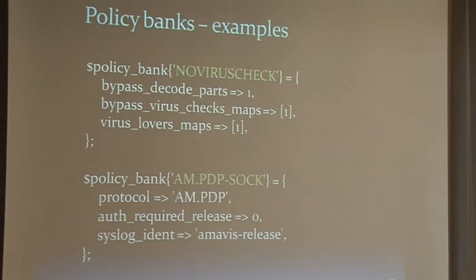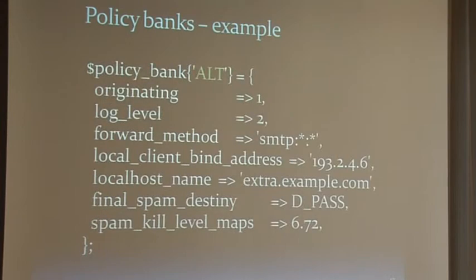Okay, here just an example to give you an impression. Here is the policy bank named whatever it is. It replaces these settings. That's the name of the global variable, the replacement value. Same for this one, won't go into detail. It's another example, more sophisticated.